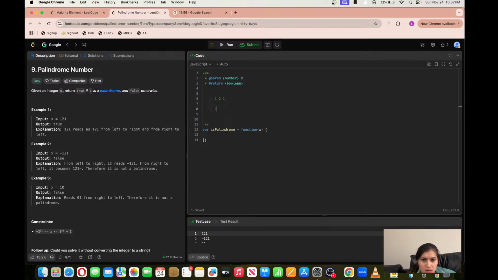So this is 121, right? So reversing the integer, suppose it is 125, then it is easy to reverse the integer, isn't it? I can just reverse it into 521. But they are saying to be aware of the overflow.